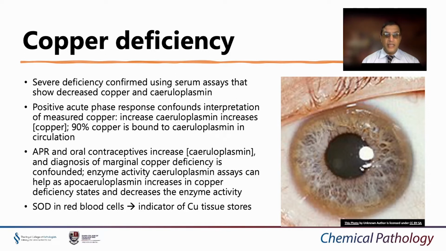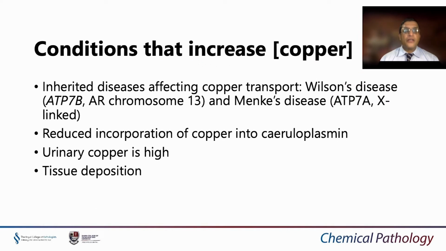Superoxide dismutase, the SOD enzyme contained in red blood cells, can also indicate copper tissue stores. Conditions that increase copper can result from inherited diseases, for example, Wilson's disease and Menkes disease. There is reduced incorporation of copper into its binding protein with high copper excretion and tissue deposition.